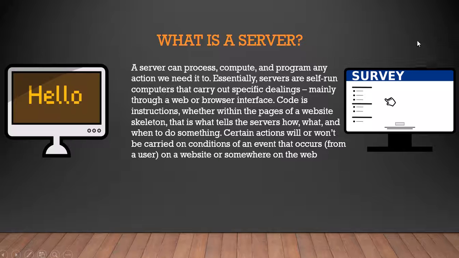The server processes that information and runs it, and it decides whether or not to display it or output it as tables, charts, or other diagrams to show you more about your personality results. So that's a good example, but it's just one example out of many. Another is simply displaying hello after clicking a certain button.